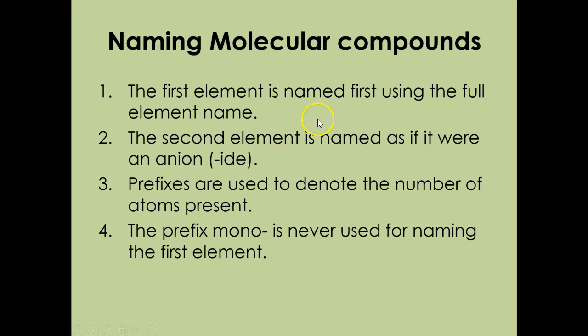And so nitrogen oxide, carbon oxide, nitrogen fluoride, etc. But because we also need to define how many of each element are in the particular formula, we're going to use those Greek prefixes that we saw on the previous slide, with one exception, and that is if there is only one of the first element, then we don't use the word mono.